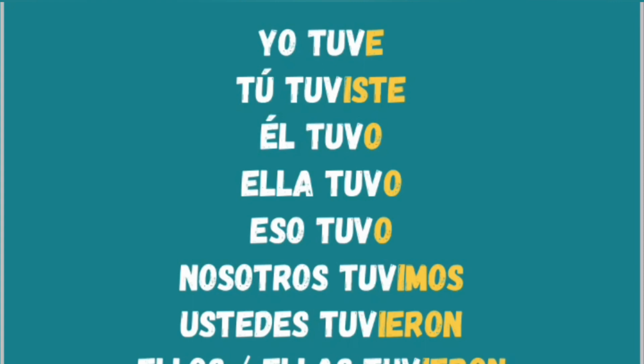And then if you want to say they had, okay, in Spanish, you have to say ellos tuvieron, okay, check the verb before, it's the same, it's ending in the same way. Ellos tuvieron, or if you're referring to a group of girls, then you have to say ellas tuvieron, okay, they had.